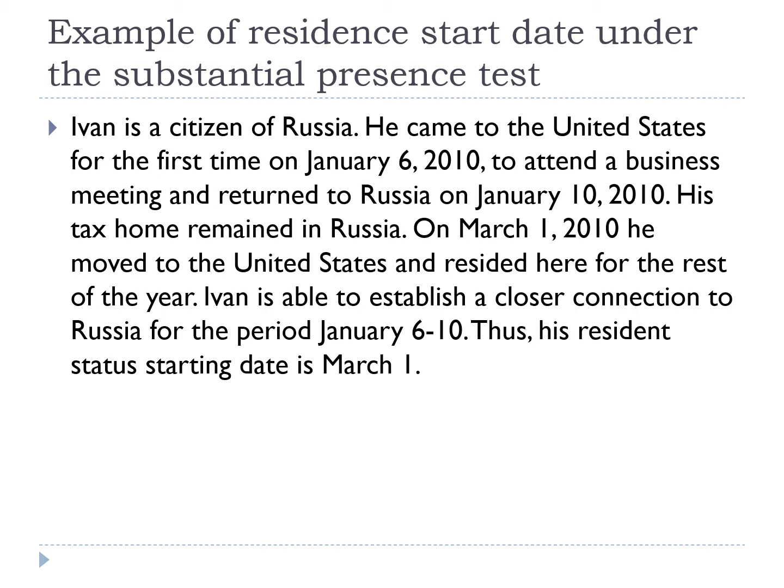His tax home remained in Russia. On March 1, 2010, he moved to the United States and resided there for the rest of the year. Ivan is able to establish a closer connection to Russia for the period January 6 to January 10. Thus, his resident status starting date is March 1st.